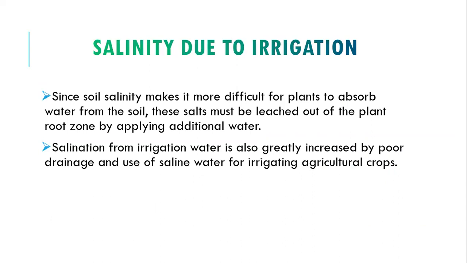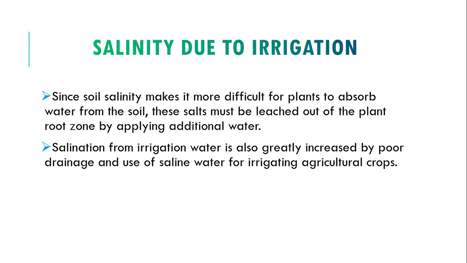Now, since soil salinity makes it more difficult for plants to absorb water from the soil, the salts may be reached out of the plant's root zone by applying additional water. So salination from irrigation water is also greatly increased by poor drainage and the use of saline water for irrigating agricultural crops. So that's how salinity due to irrigation may occur.